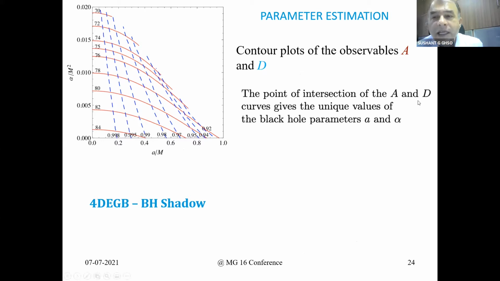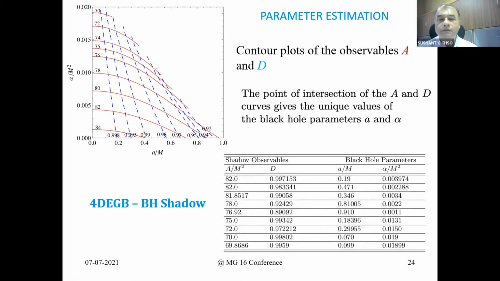The point of intersection of the A and D curves gives the unique value of the black hole parameters A and alpha. By using our method, in general we can estimate at most two parameters associated with the black hole. You can estimate any two parameters, but we have shown A and alpha, and these are the estimated values.